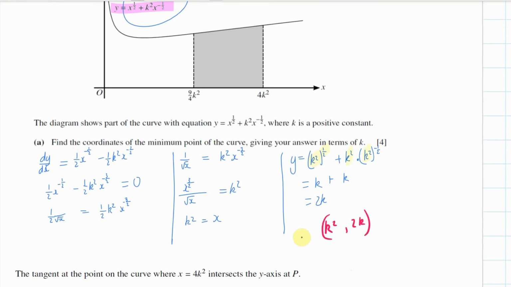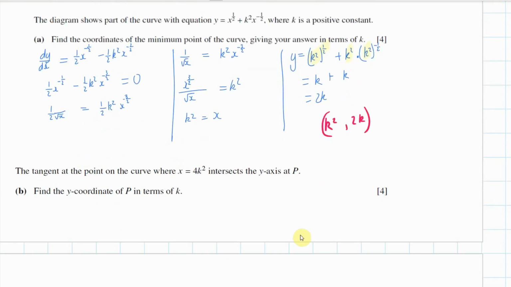Okay, so what we want to do is find the gradient at x equals 4k squared. So we're going to chuck that into this dy dx equation here.